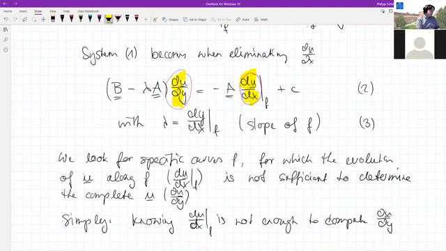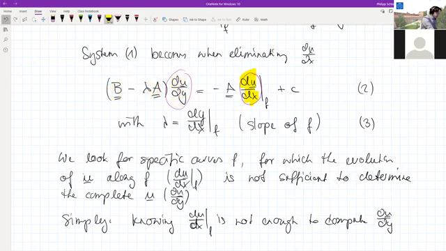It means that I cannot solve this system. I cannot multiply this to the right side, because if I can, then I can invert B minus lambda A and calculate du/dy. But now I'm looking for the ones where this is not possible.